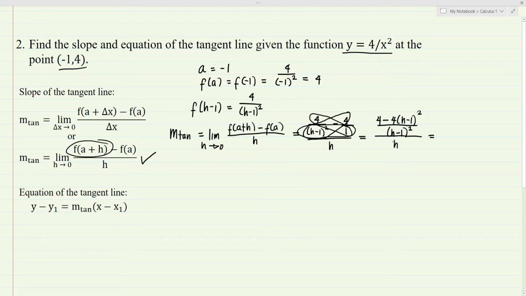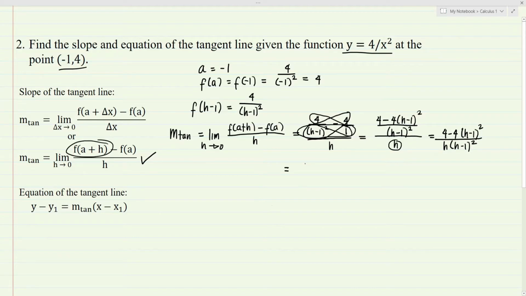So just place this h in the denominator to the denominator of the numerator. I would have 4 minus 4 times h minus 1 squared divided by h times h minus 1 squared.